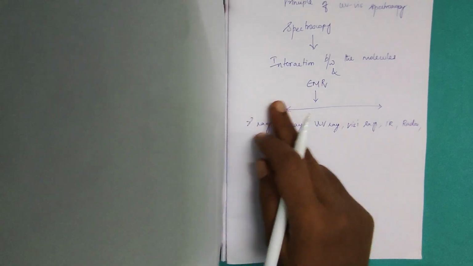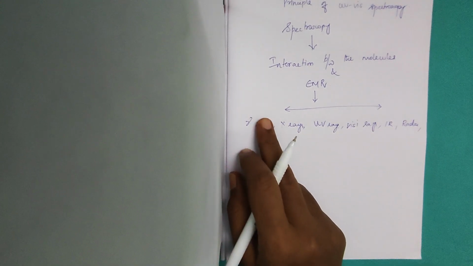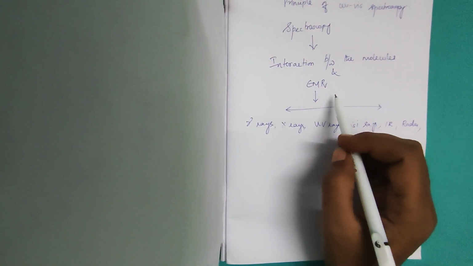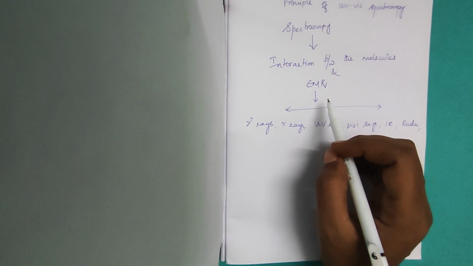So now when any one of these types of electromagnetic radiation is passed on to a molecule, certain changes occur within the molecule, right? So when we study that interaction between the molecules and electromagnetic radiations, we call that spectroscopy.